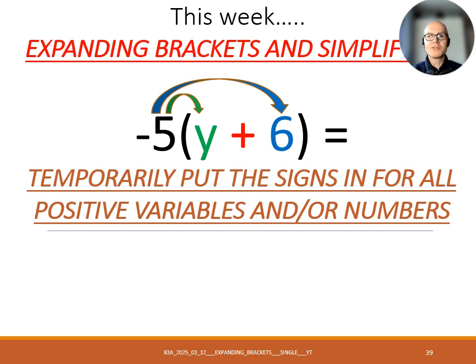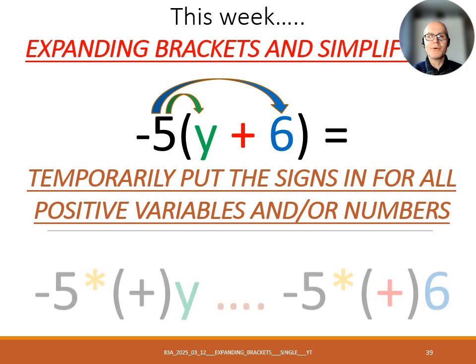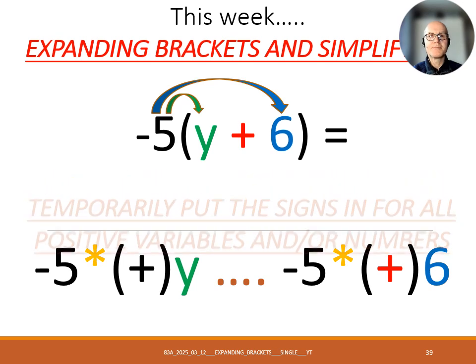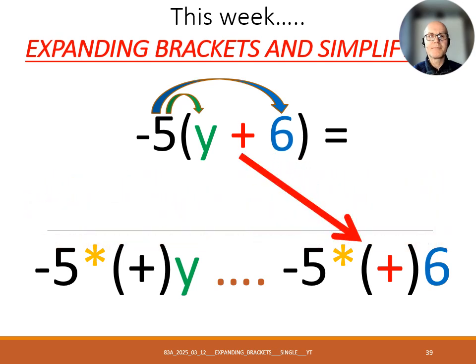Put the positive signs back in where applicable. We have negative 5 times positive y and negative 5 times positive 6. Here's where the positive sign comes from for the positive 6.